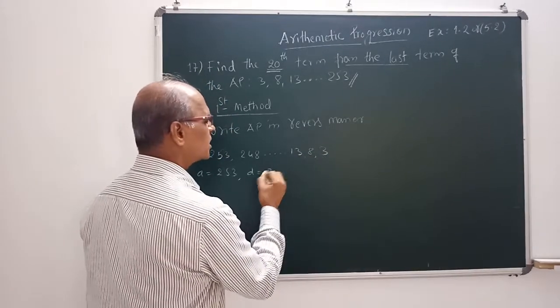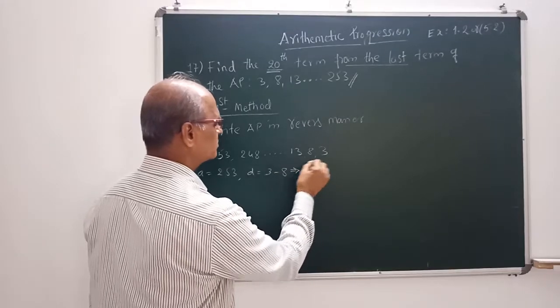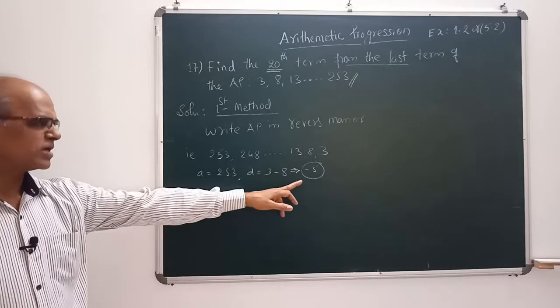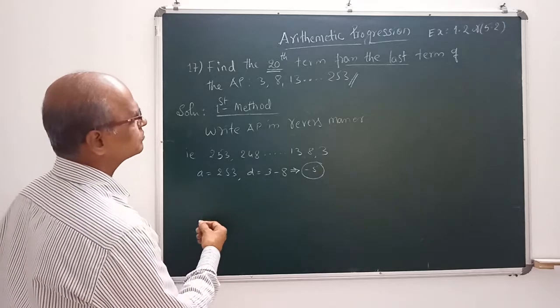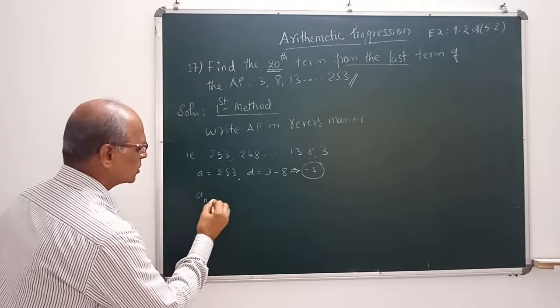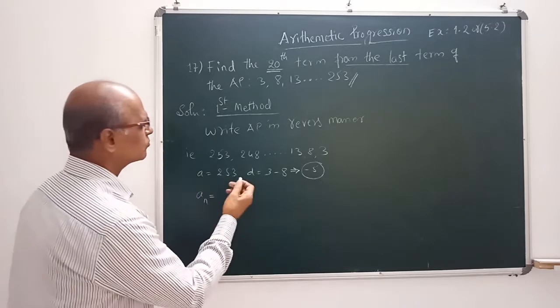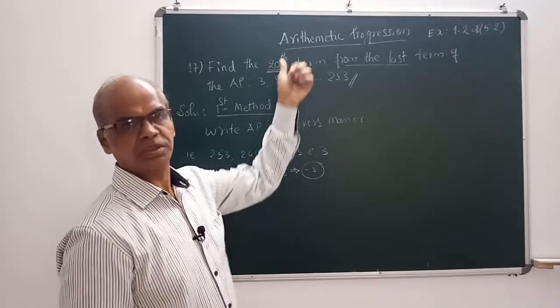Here 3 minus 8, which is equal to minus 5. Understood? D value is minus 5. A is the first term, 253. And we have to find the 20th term, they have asked, isn't it?